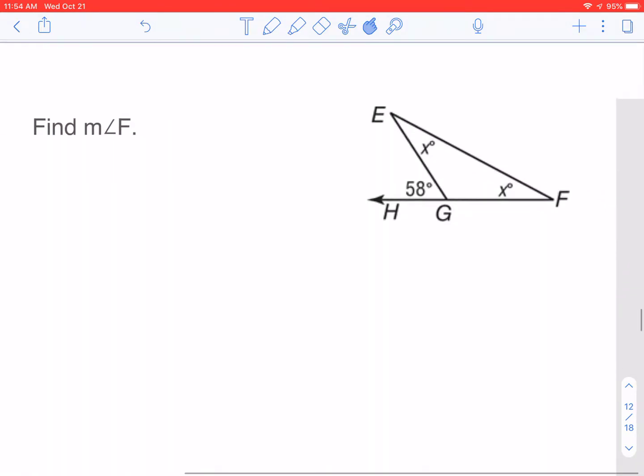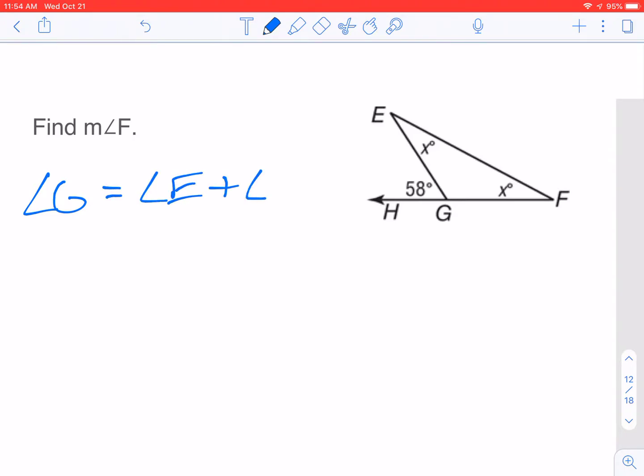We're going to do the same thing here. Angle G equals angle E plus angle F. So I always like to start with the outside angle and then figure out the inside angles.